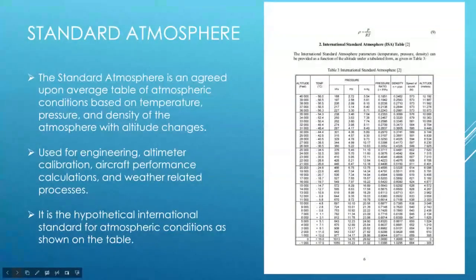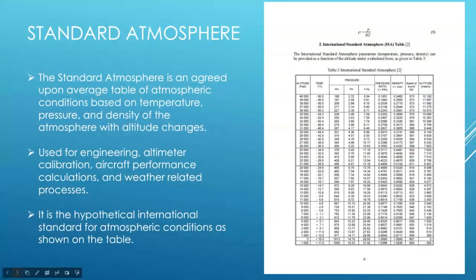Go 14.7 times 0.45. You see, that's how it works. I want to make sure you guys understand how to pull the data off. 6.6. All right. Or actually, if you round that, it's 7. Okay. So everybody see how to pull the data off of there?